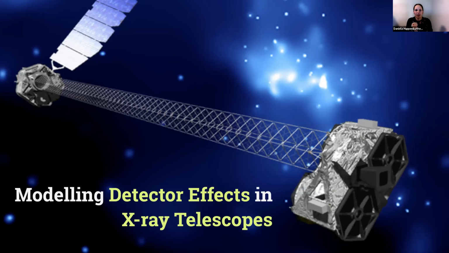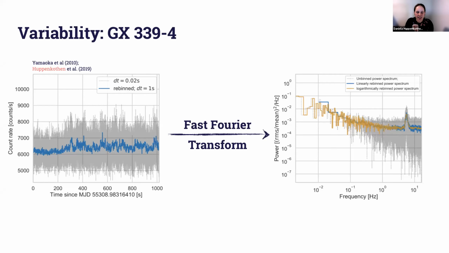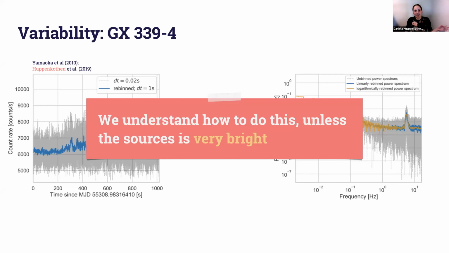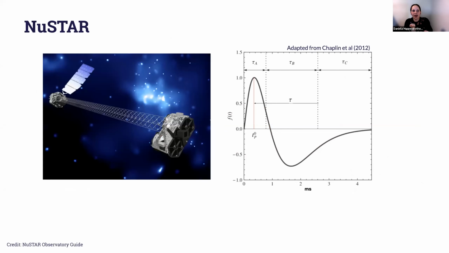And so as you see bright things, you get into a lot of weird detector effects. So this picture that I showed you, where we have some time series and then we have these features and then we can model them, we kind of understood how to do, unless our source is very bright. And for the kind of detectors that I work with, when your source is very bright, what happens is that you observe an effect called dead time.